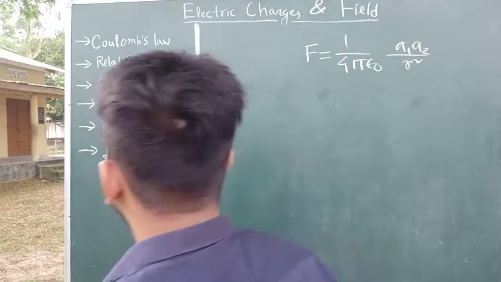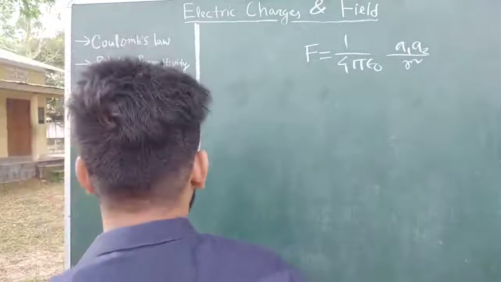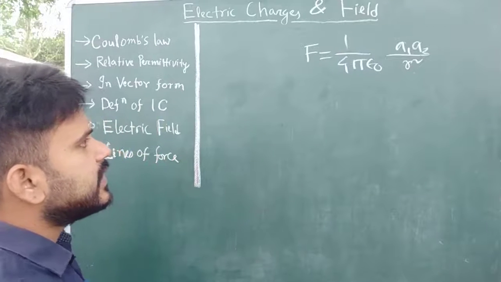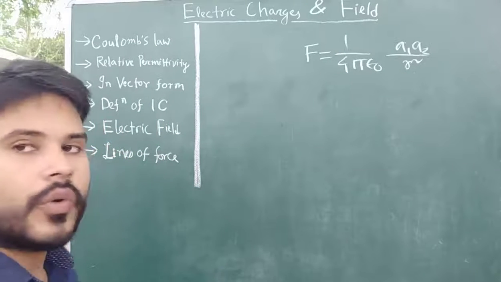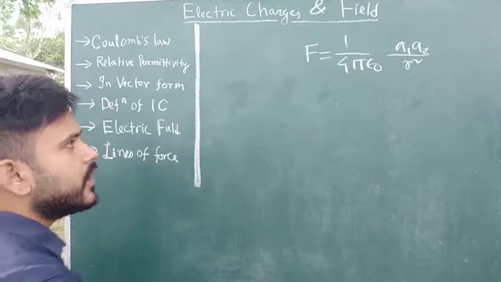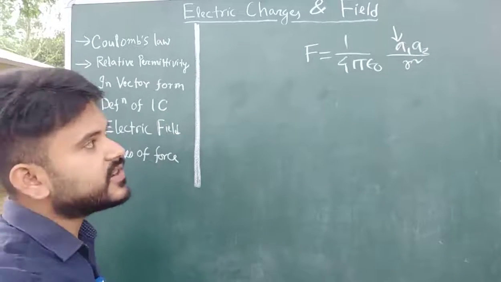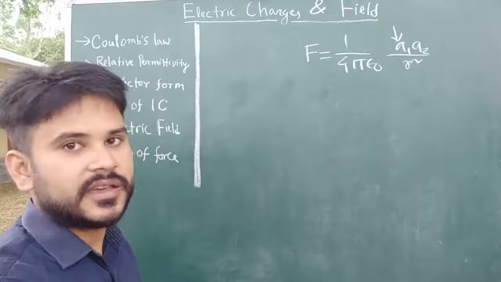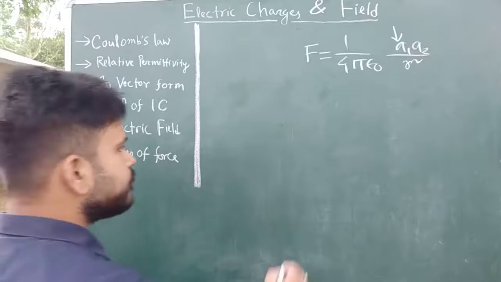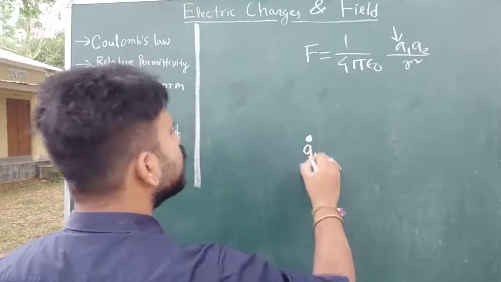So our next topic is electric field. Electric field is defined as the force on 1 coulomb charge due to some source charge Q1. Here Q1 is the source charge and Q2 is called the test charge. So we need to understand those quantities. Suppose this is Q1.